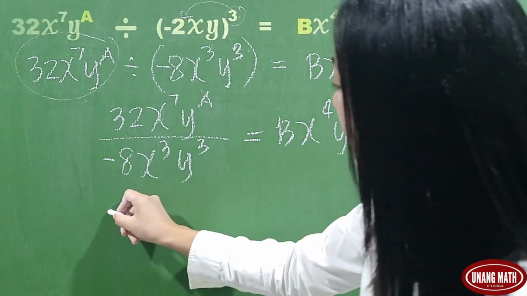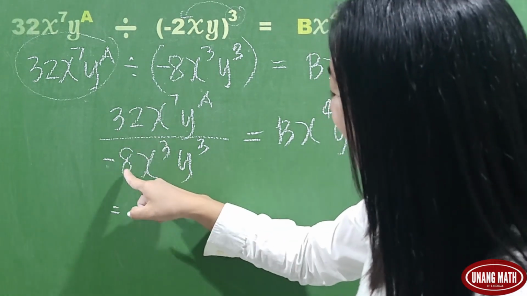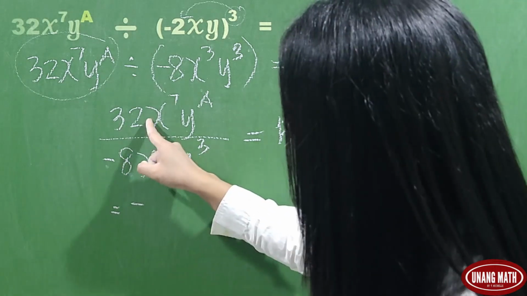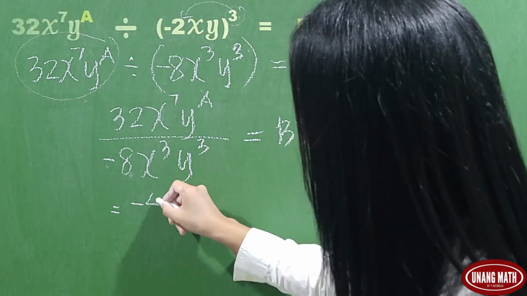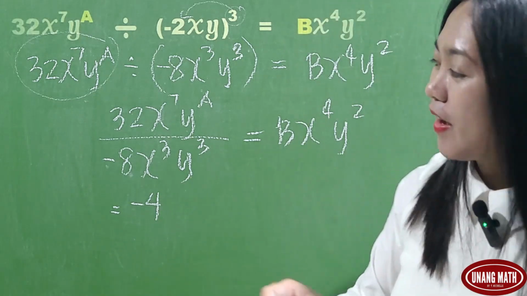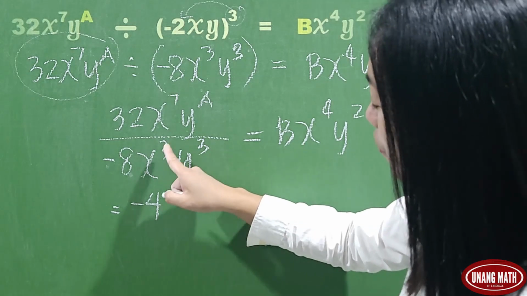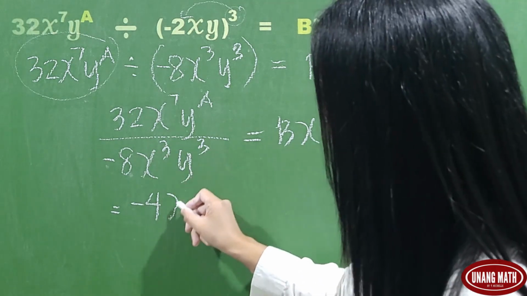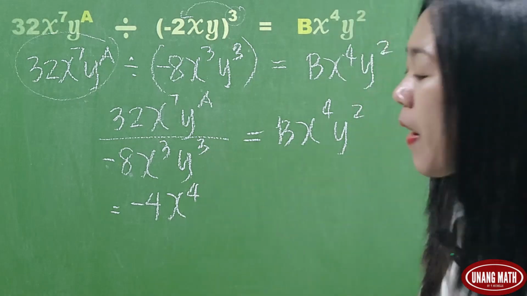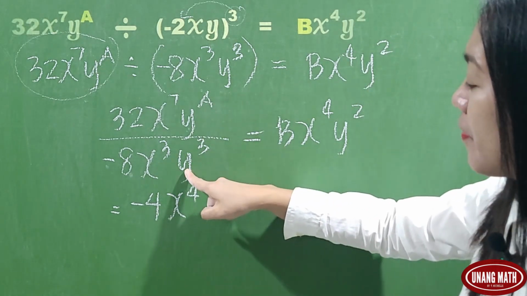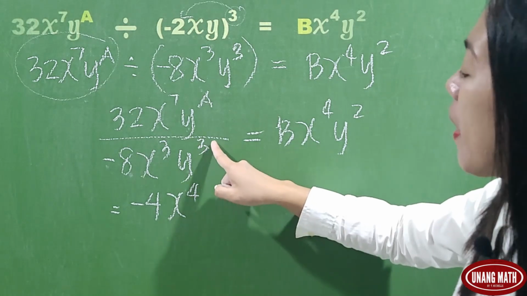Okay, let's divide. 32 divided by negative 8 would be negative 4. Okay, and then x raised to the power of 7 divided by x raised to the power of 3 is x raised to the power of 4. Okay, what about y raised to the power of a divided by y raised to the power of 3?